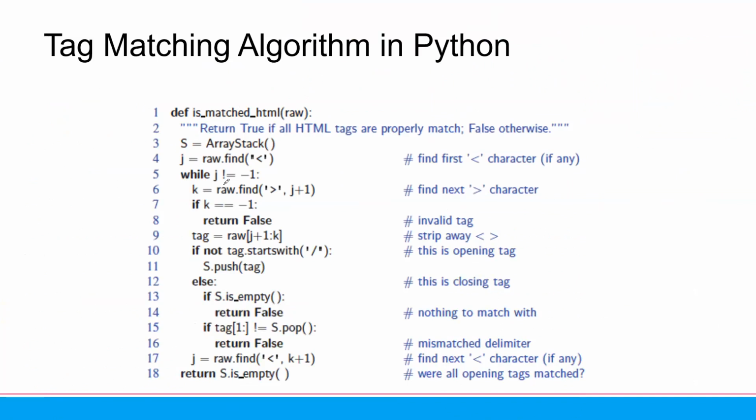So if j is not equal to -1, first I would like to find the character, this one. If it is not -1, it means I can find at least 1. If you cannot find this character, it means this is not HTML. So as long as it is not equal to -1, then we will do this loop.